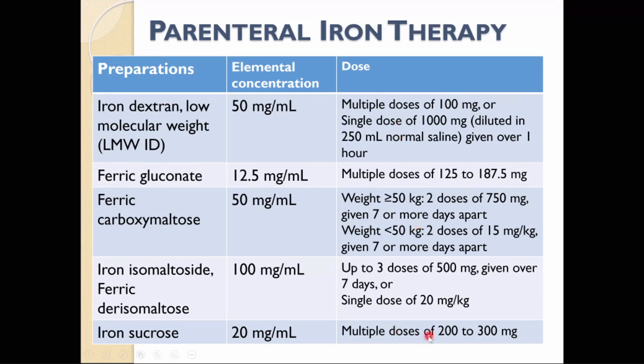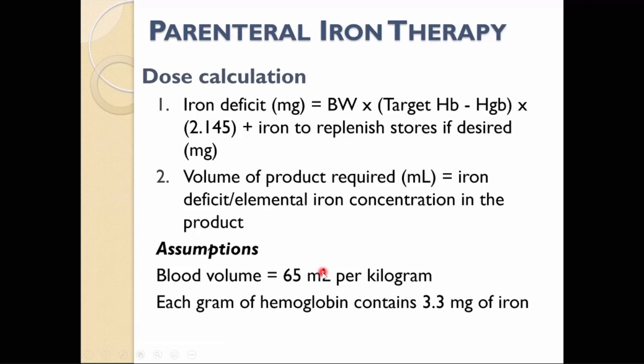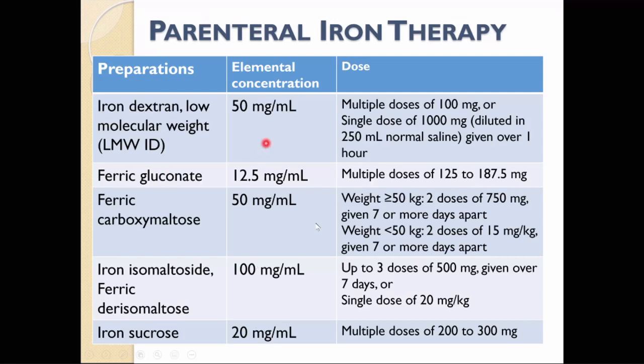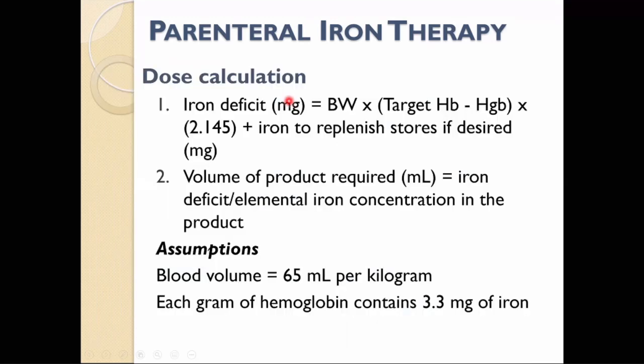So how do we decide on what to give? It is again the same principle that you apply for any other drug: depending on the cost, the availability, and what's feasible, right? When we are giving parenteral iron, because it comes as a solution, we'll have to calculate the dose.